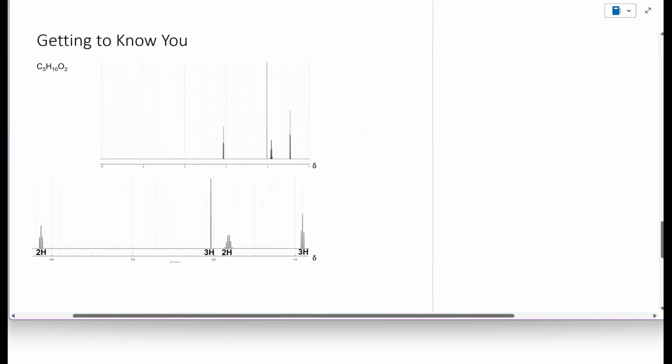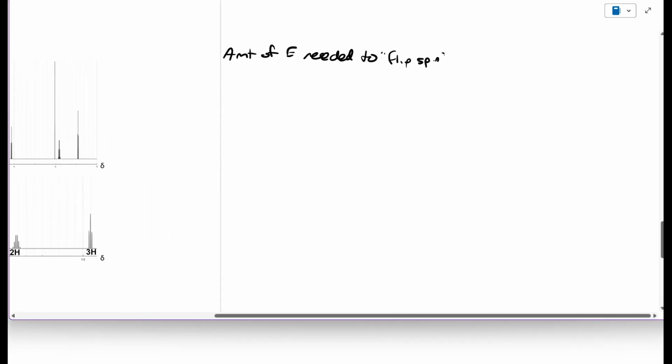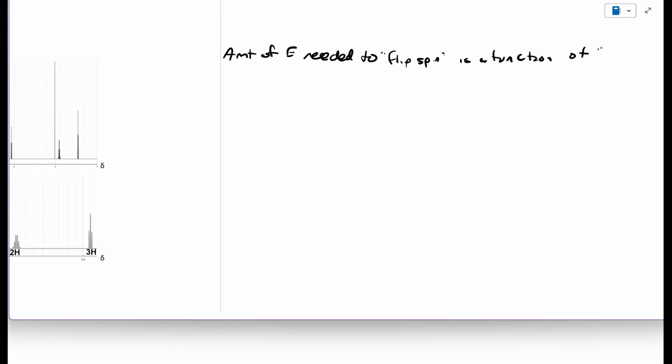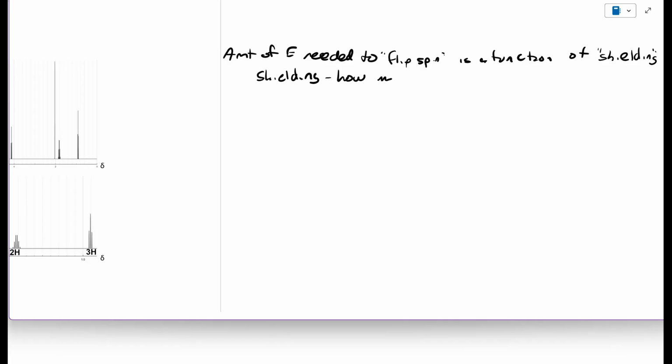So the amount of energy needed to flip the spin of the nucleus is a function of a term that we call shielding. And shielding is how much electron density is around the nucleus.